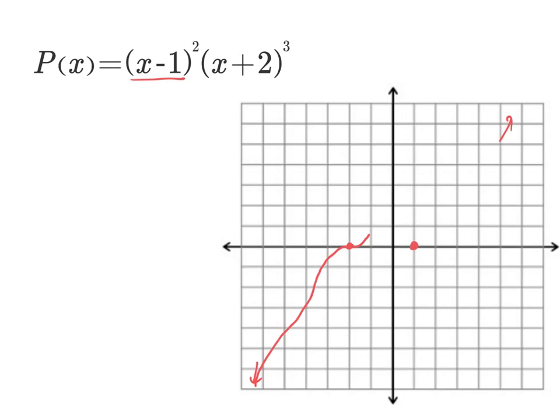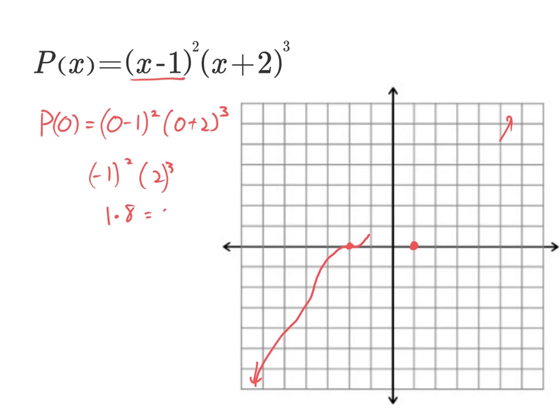Oh, we should probably figure out our y-intercept. If I want a y-intercept, I set x equal to 0. So if I set x equal to 0, we end up getting 0 minus 1 squared multiplied by 0 plus 2 cubed. That gives me -1 squared multiplied by 2 cubed, which ends up being 1 times 8, which is 8.